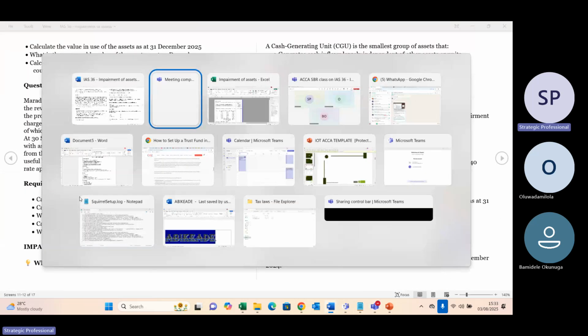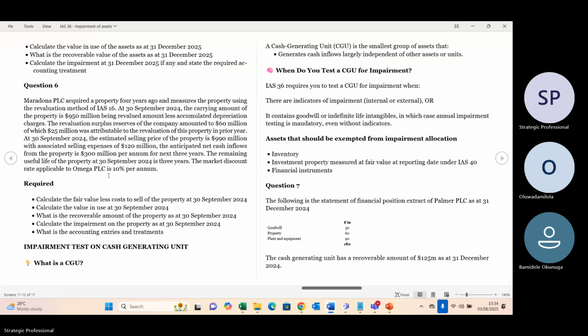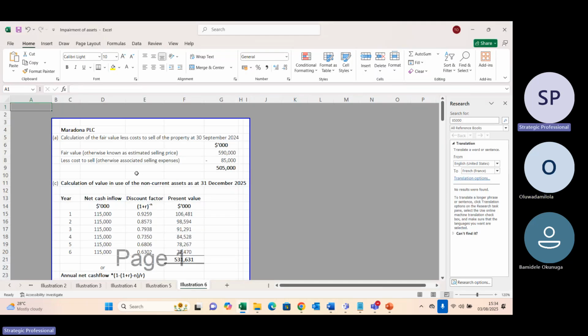Can you see the question? Can you see the Excel too? Yes. Okay.